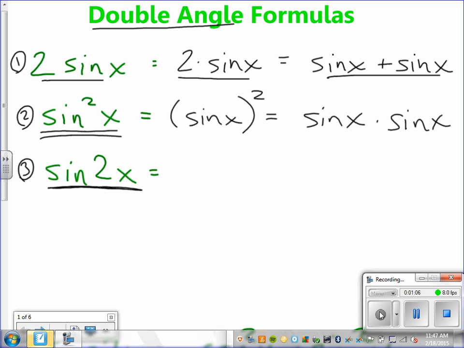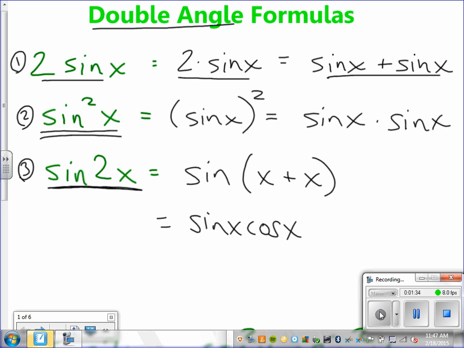This representation, this notation, cannot be represented in any way like we've seen just now, but what we can do, and you remember this proof from class yesterday, is we can write this as sine of x plus x. Now if we expand this sine of the quantity x plus x using the sum formula, we get sine x cosine x plus sine x cosine x.